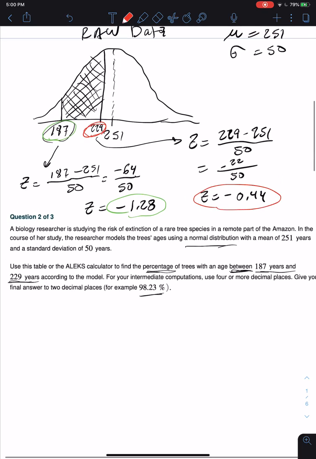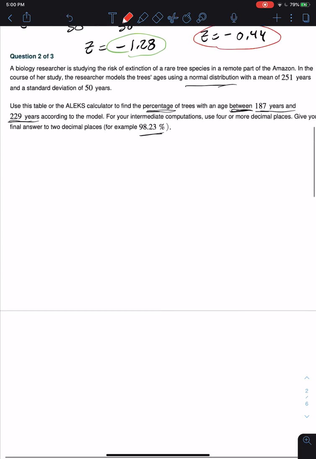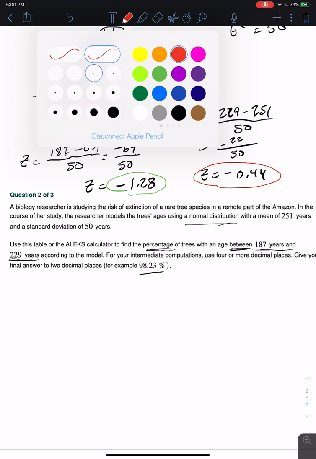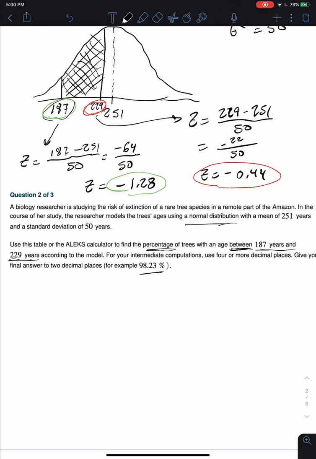Okay, so now I'm going to use this space down here to write my standard normal curve and do the rest of my work. We need to make a standard normal curve.